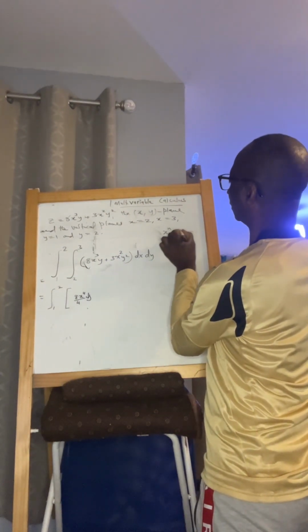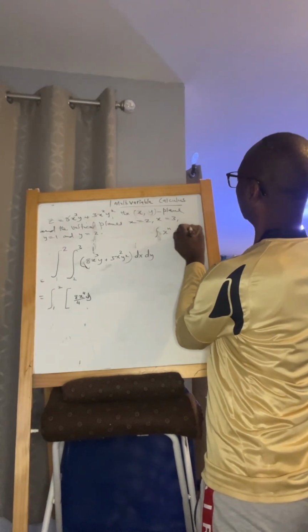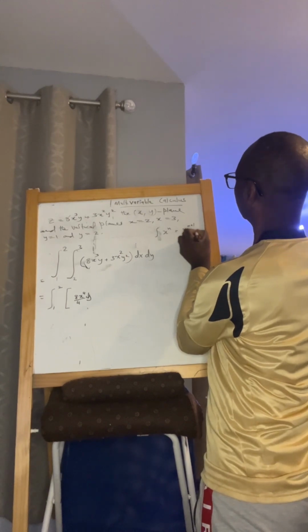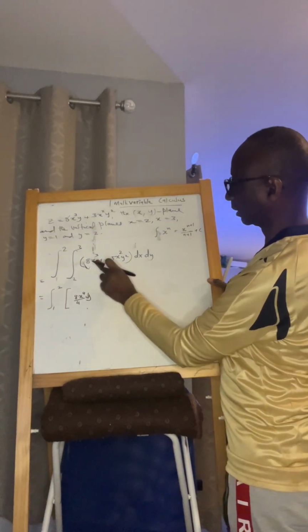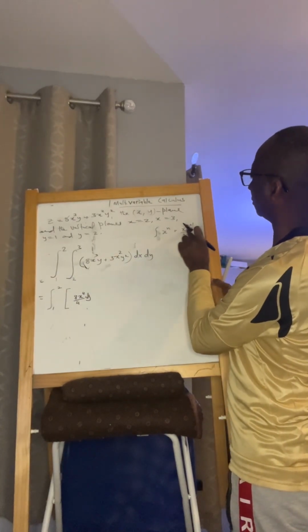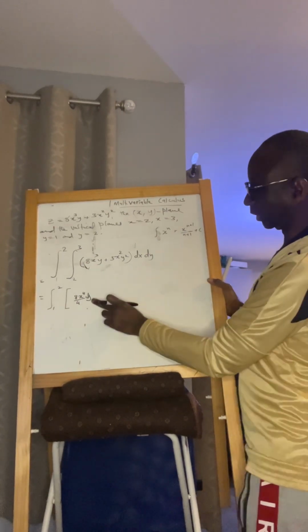Integrating x to the n, you will have x to the n plus 1 all over n plus 1 plus c. This is what we are doing. Here, our n is 3. So because n is 3, it's going to be 3 plus 1 all over 3 plus 1. That's what we have here.